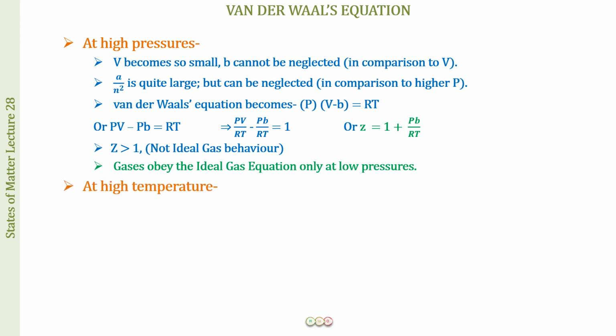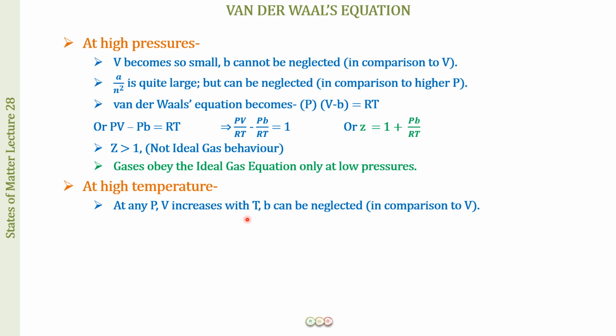Now what happens at a high temperature? At a high temperature, at any value of P, the value of V increases because the gas molecules are going to move at a faster speed. They will be going away from each other.